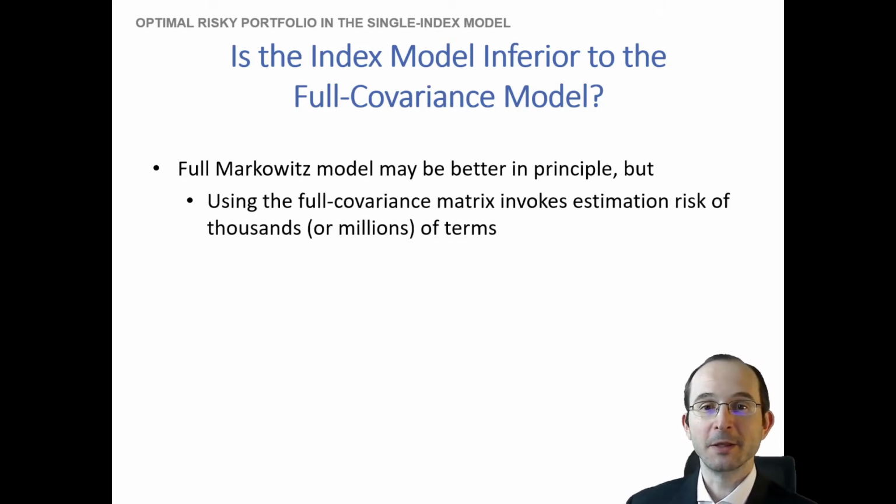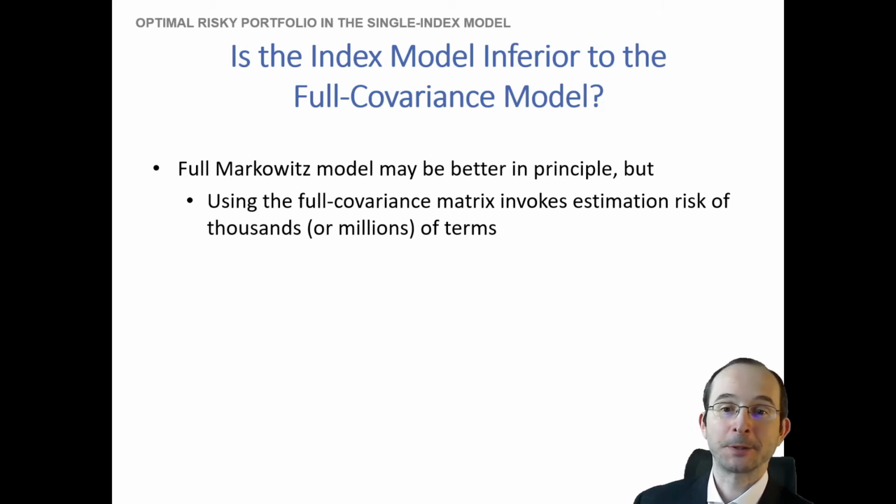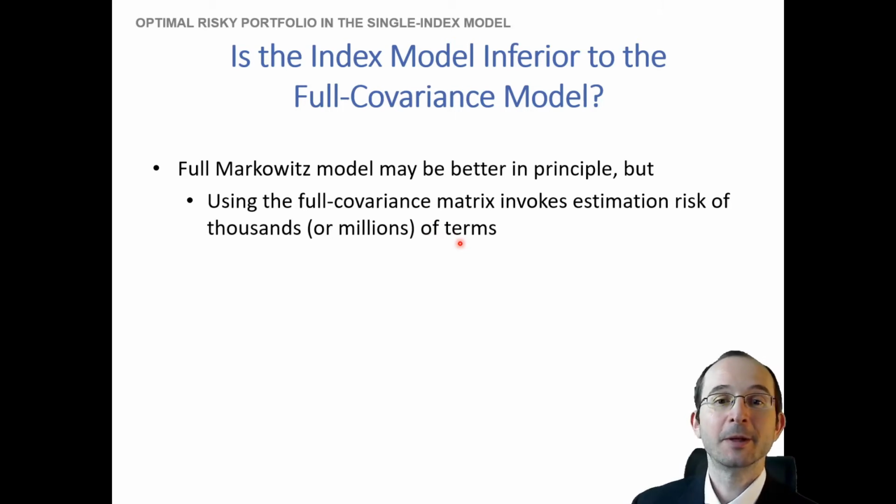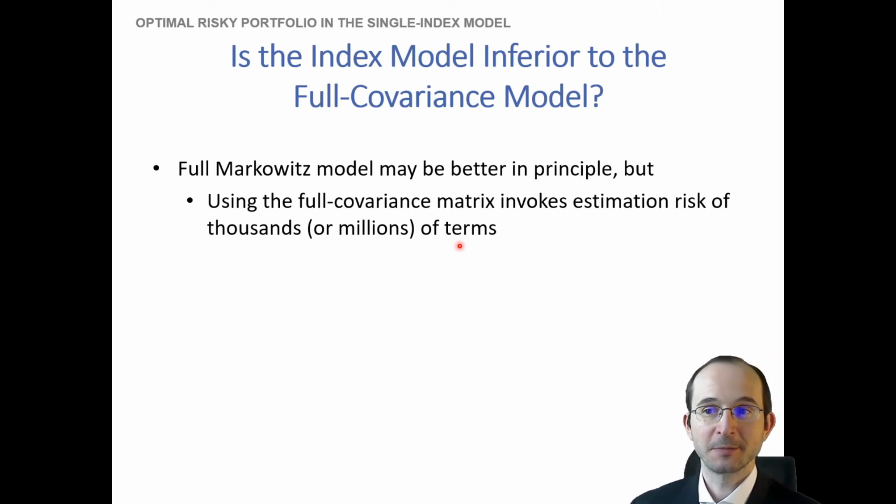We actually see that the single index model is superior in the sense that it doesn't require the model risk or estimation risk of producing all the variance-covariance terms necessary for the Markowitz approach to optimal portfolio construction.